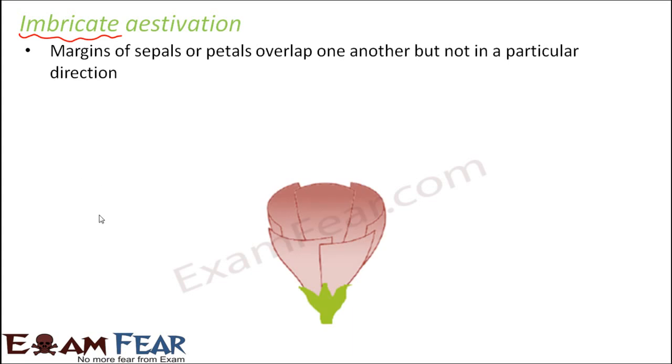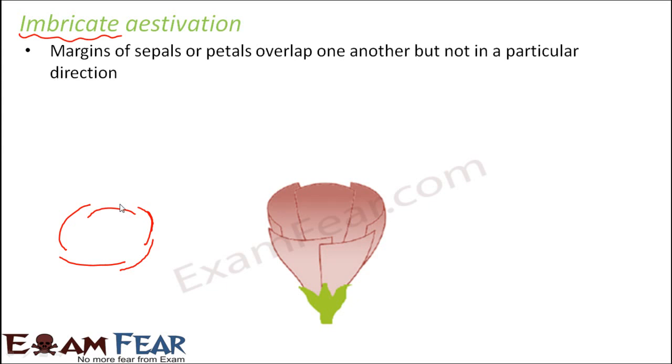For example, something like this. You have one petal here, next one like this, the next one like this. Again you have this way, and again you have this way. So it is not in a specific pattern.